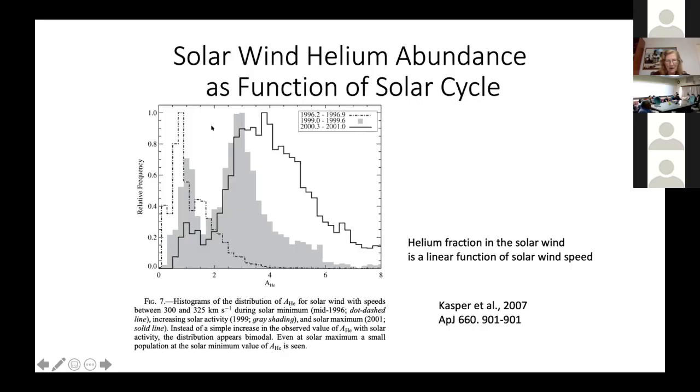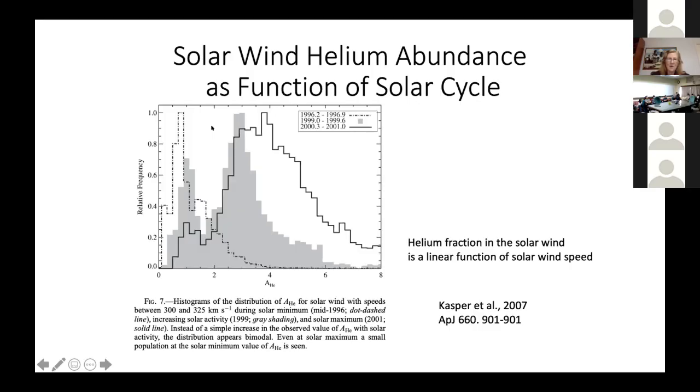The peak of the distribution is about at 4% for the solar maximum, but at solar minimum, your helium is more like less than 1%. So this is a really astounding variation.